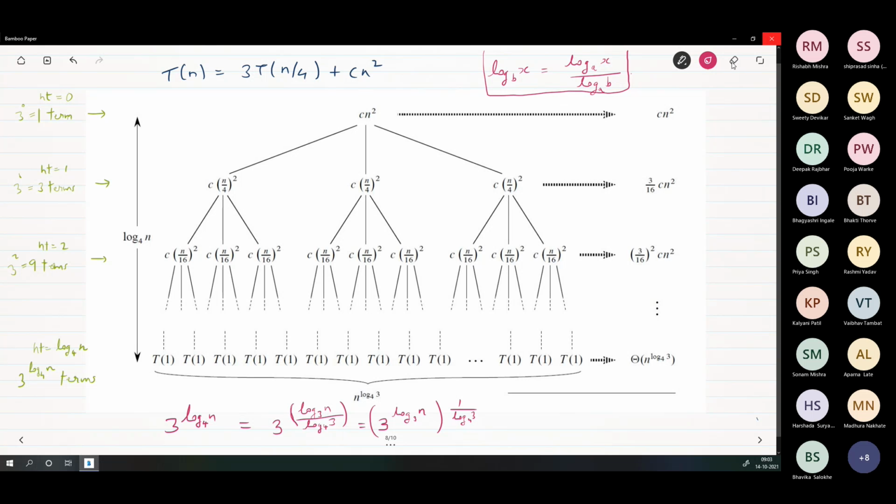Sorry, I made a mistake. So log x to the base b is equal to log x to the base a times log b to the base a. Very sorry, small mistake.